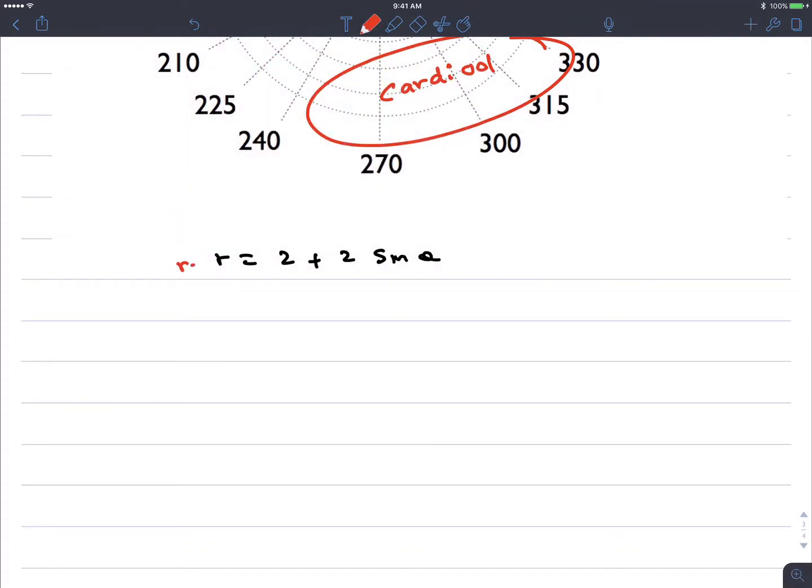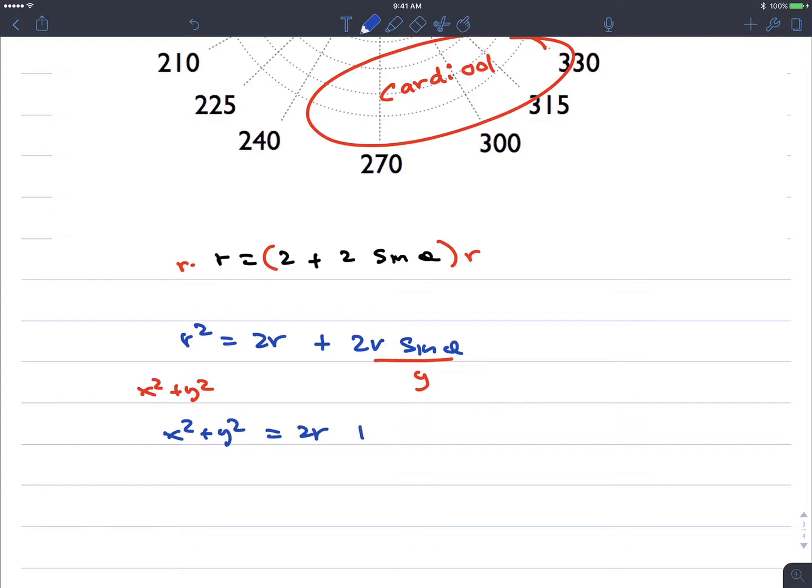Multiply both sides by r. Do it really quick. See what we get? Because we want a graph. R squared is 2r plus 2r sine theta now. This portion over here will be x squared plus y squared. This portion here is just y. So you'll have x squared plus y squared equals 2r plus really 2y.